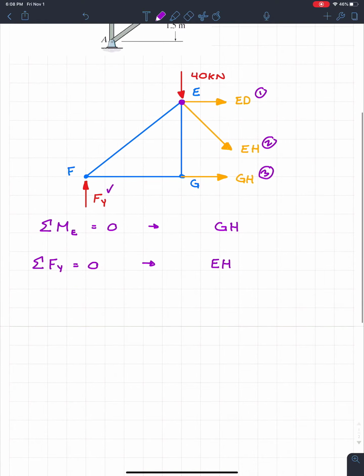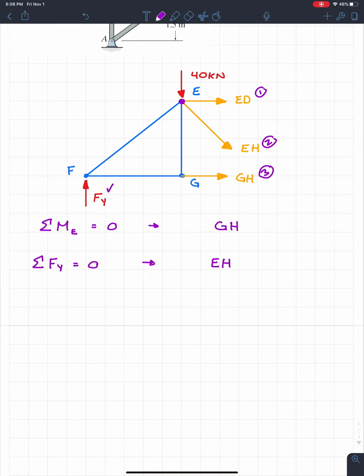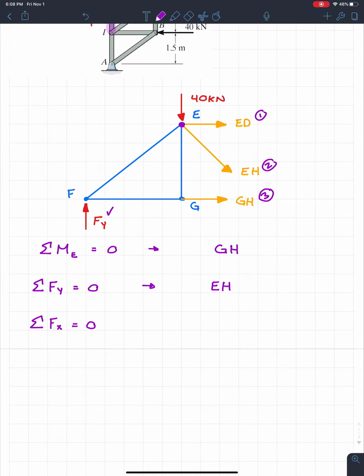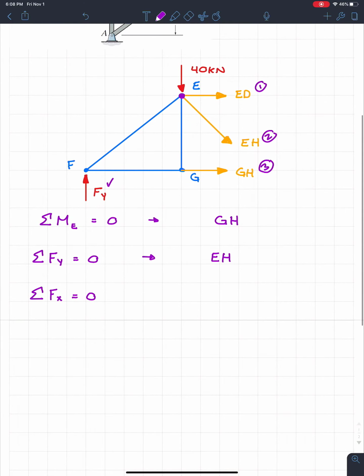Finally, if I already know GH and EH, I can use any equation I want, but in this case I'm going to go with the sum of the forces in X equals 0. As you'll see, we would have components of all 3 of those forces, but since we already know 2 of them, we can solve for the third one, which is going to be ED.